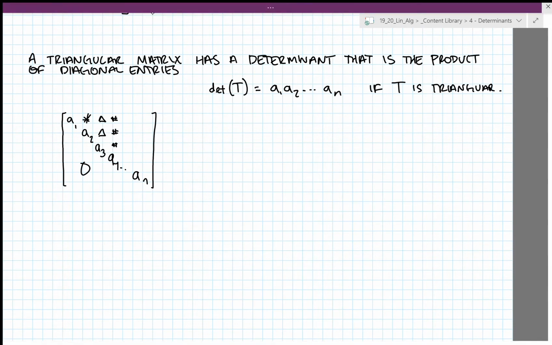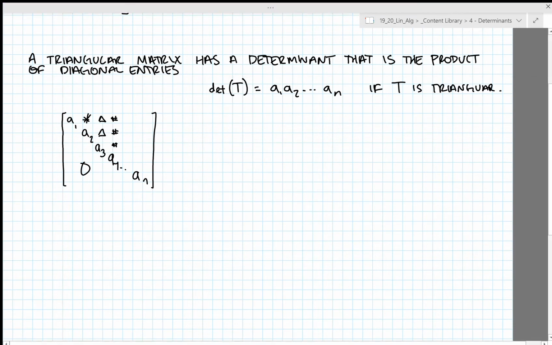And the key to understanding why the determinant of a triangular matrix is the product of all its entries, like a diagonal matrix, is that we can do column elimination steps to T to make it diagonal.